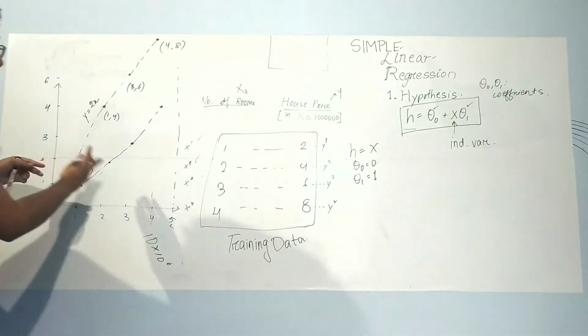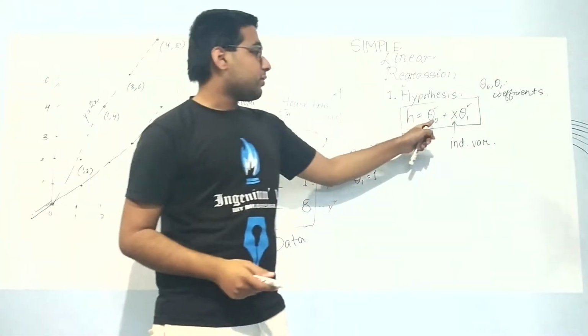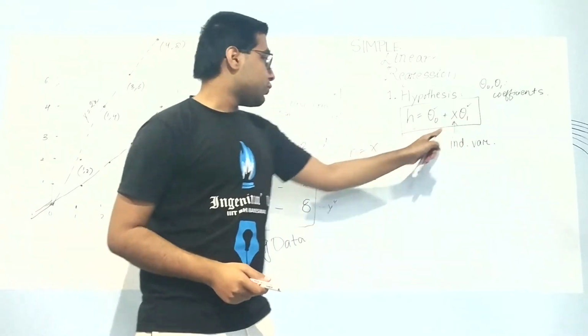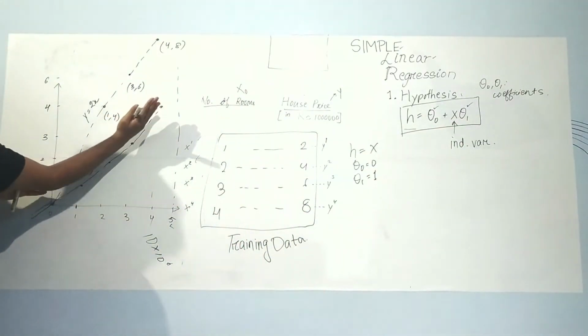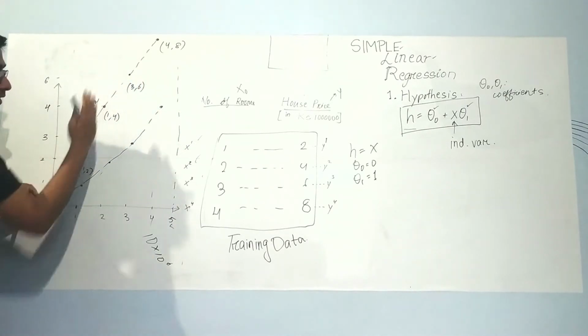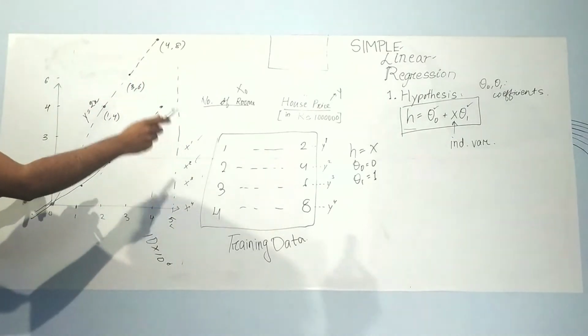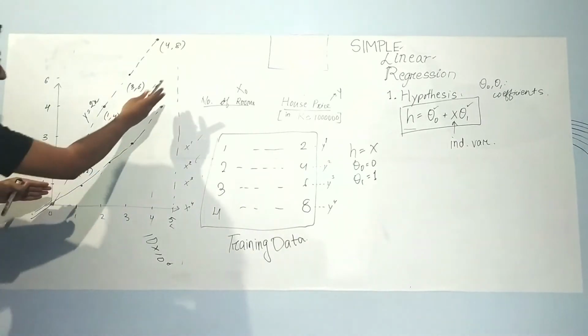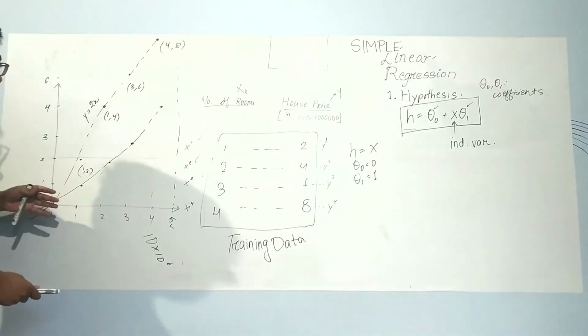So we have to now modify theta naught and theta 1 so that this line can slowly get inclined with this line. Theta 0 and theta 1 need to be modified so that this line can fit all of these data points.